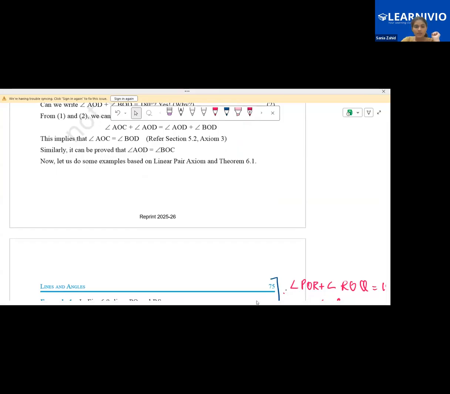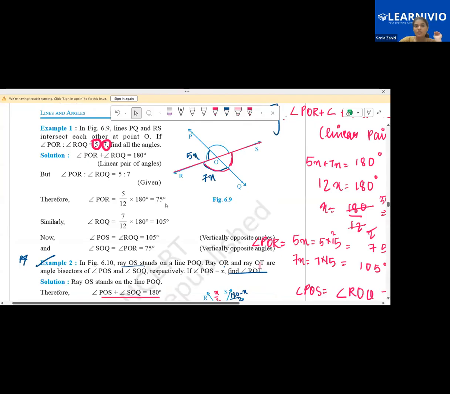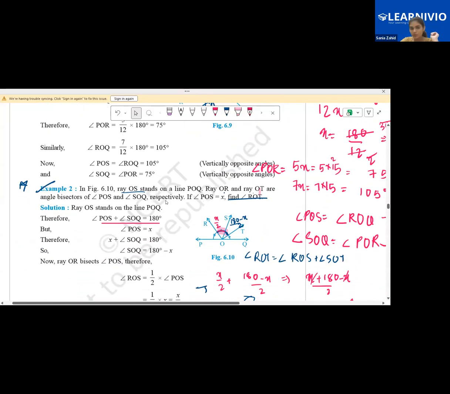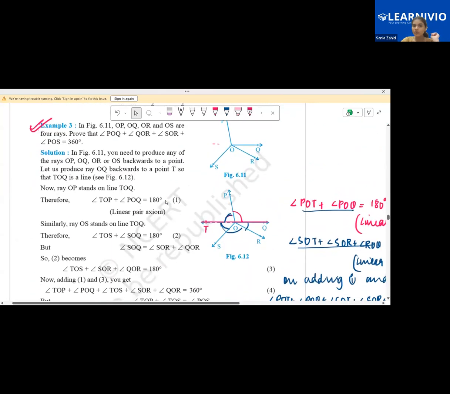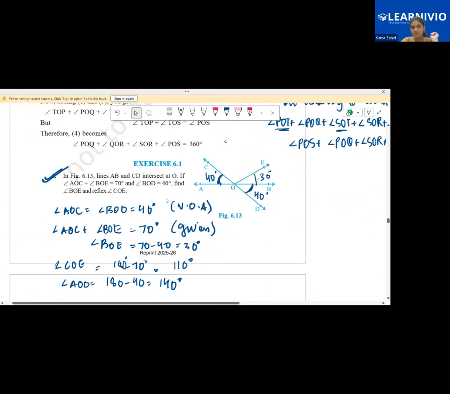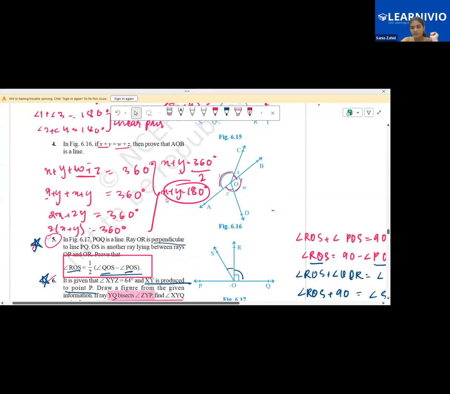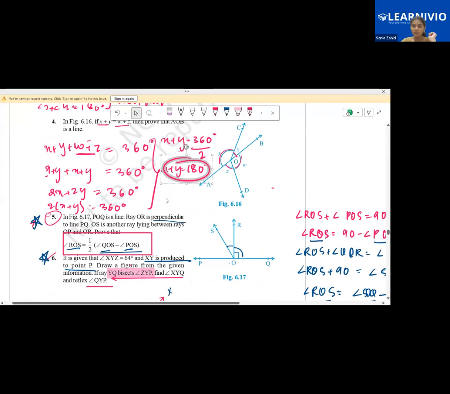Everybody remembers? Yeah, then we practiced various questions in the last class. I'm not going to revise all of them, but if you have any doubts in the questions, then we can have a discussion. Does anybody have any doubts in the questions? Just quickly review the first exercise and tell me.